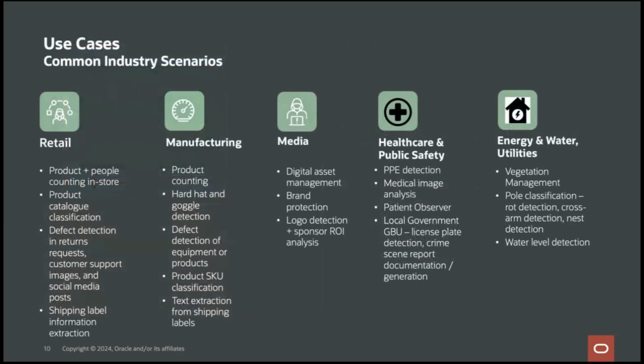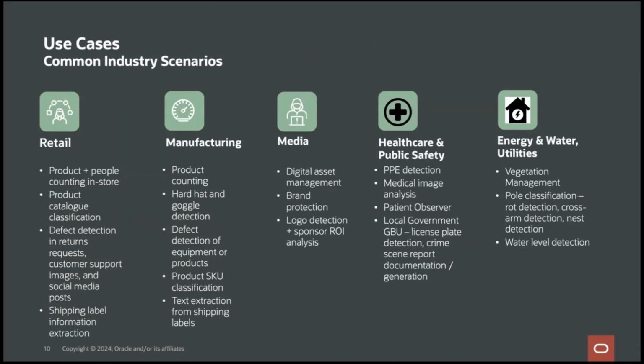So looking at common industry scenarios and use cases of where OCI Vision Service can be used, these are some of the use cases. The first one is in retail. Let's say, for example, in a store, you can check how many people are coming into the store and how many products are there within that store.